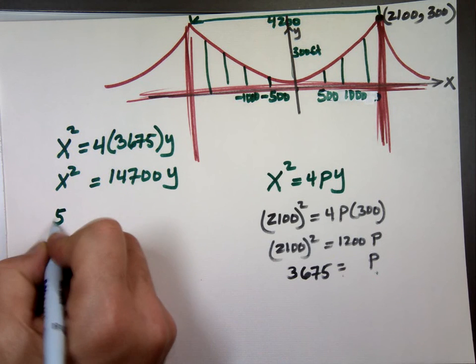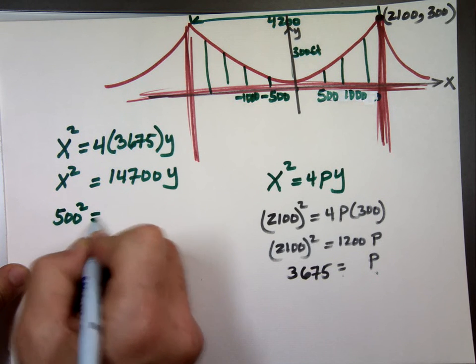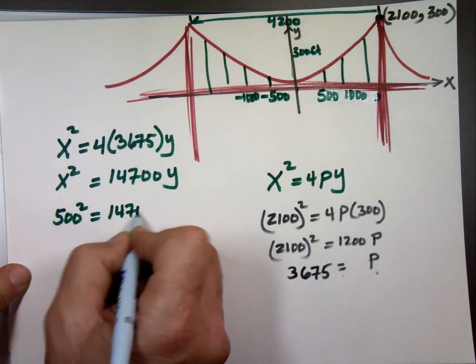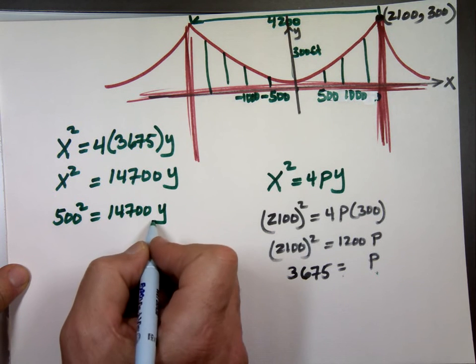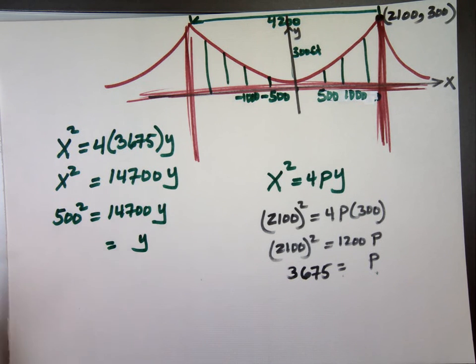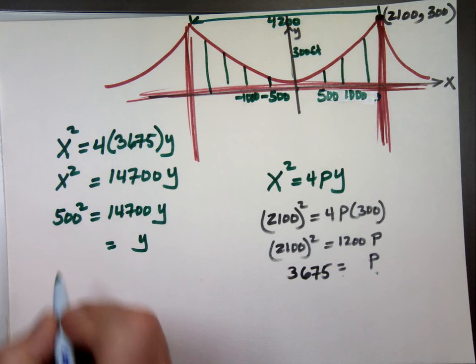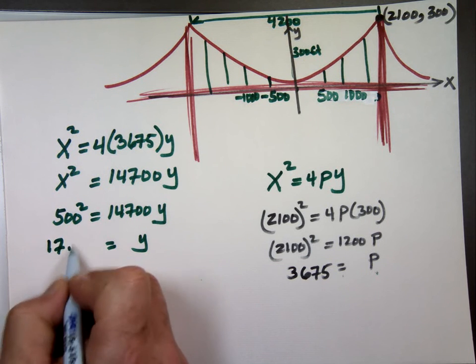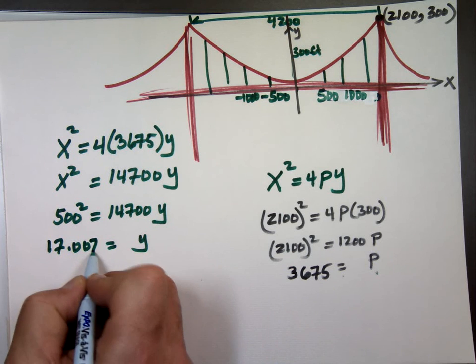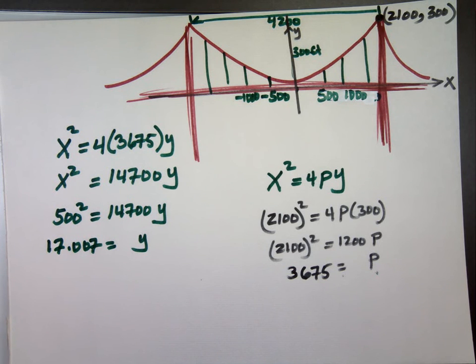500 squared equals 14700y. What's y equal to? That piece has to be 17.007 inches, feet, yards, whatever unit we're using, feet. So 17 feet tall.